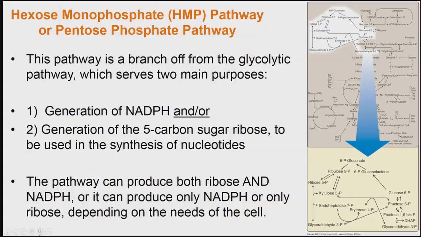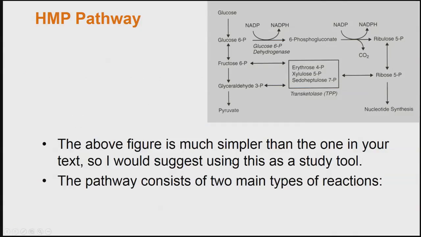And actually, that'll be even more clear on this next figure. We can go through the process of producing NADPH and then go into the process of producing a 5-carbon sugar, so we can actually do both. Or we can produce NADPH and then go back this way and go into, what's this pathway? Starting with glucose and ending with pyruvate. That's glycolysis, right?